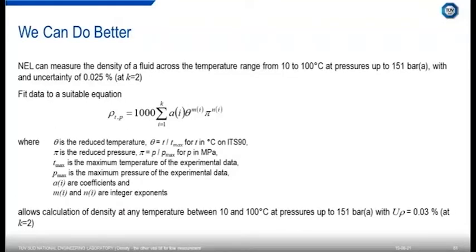We measure the density across a range of conditions, typically from 10 to 100 Celsius and up to suitably high pressure. And we can achieve an uncertainty of 0.025% on direct density measurement. Fit it to an equation of this form, and then we can calculate the density at any condition in that range with an uncertainty of 0.03%. So we've reached our target.